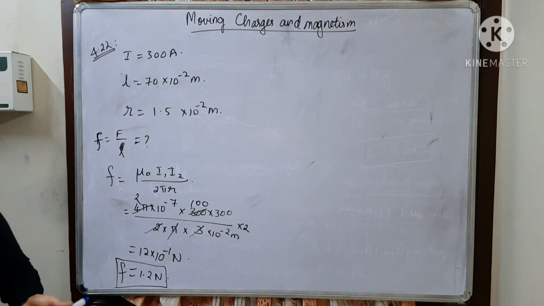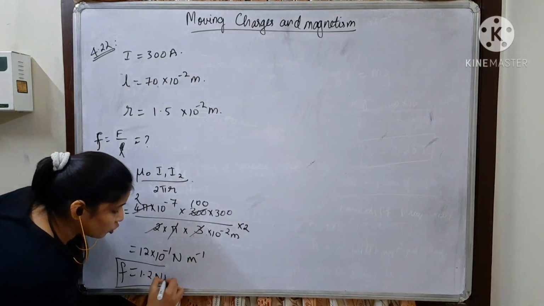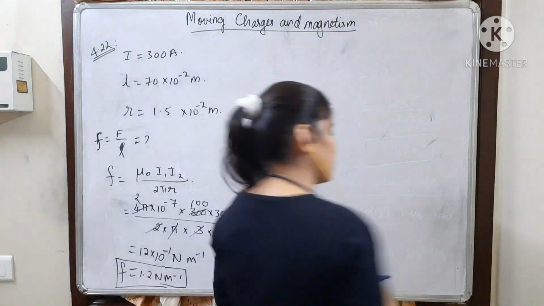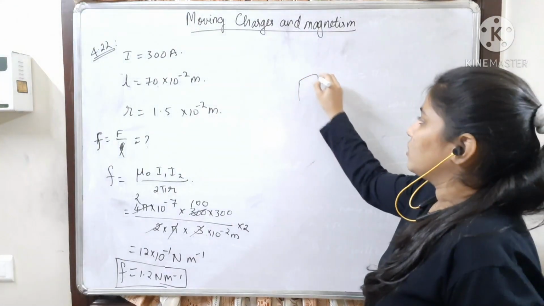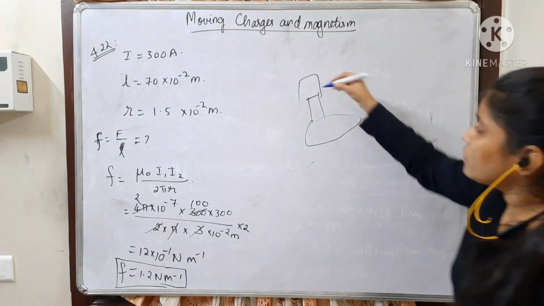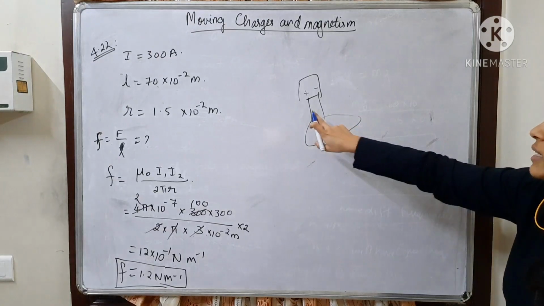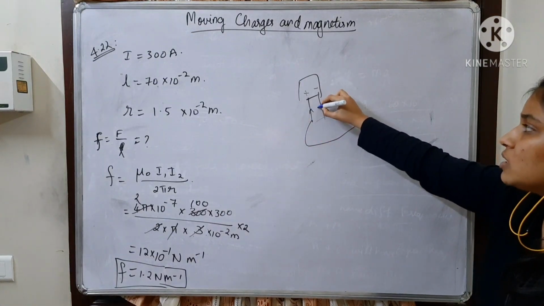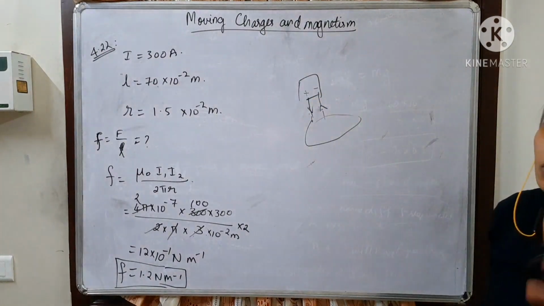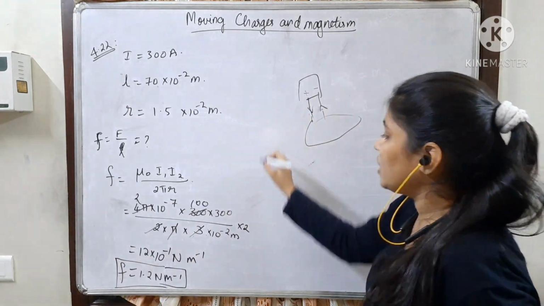Now, they are asking whether this will be attractive or repulsive. And this is Newton per meter because this is force per unit length, isn't it? Now, the wire from the battery is connected to the starting motor. Obviously there will be a positive and a negative terminal, and the current will be acting in opposite directions in both wires. Yes or no? Whenever we have two wires with opposite current directions, the force will be repulsive.